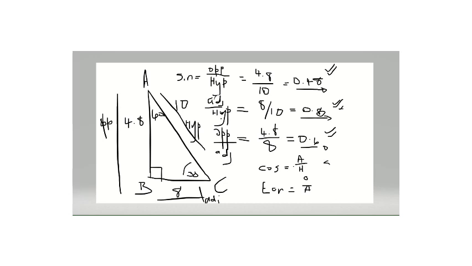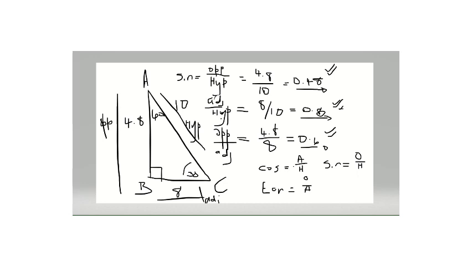Let us write sine here too, so that we remember. Sine is O for opposite over hypotenuse.